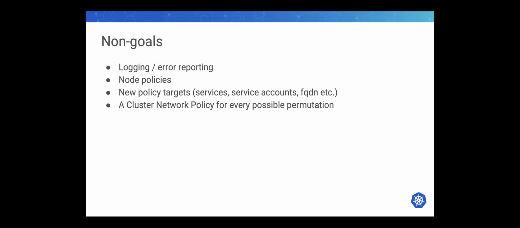And again, in the end, we don't want to solve a cluster network policy for every possible permutation. I think what we want to convey here is that there are multiple ways to do cluster scope policies. For example, you can also do hierarchical policies, like a tiered way of policy enforcement.